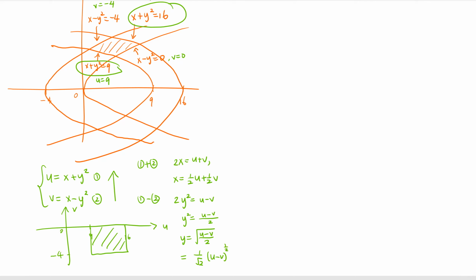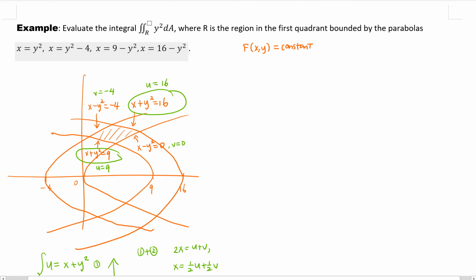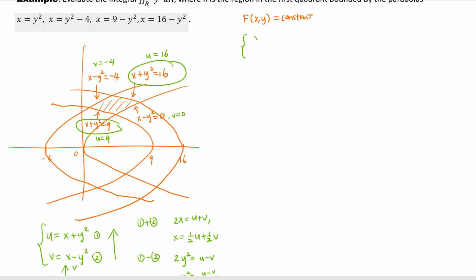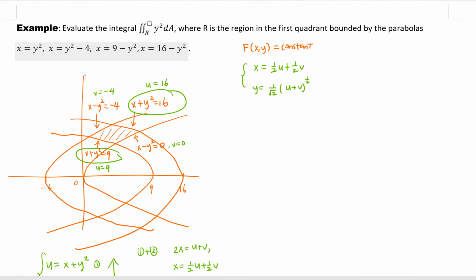Okay, because next step we're gonna differentiate and find the Jacobian. So let me copy it down right here. X equals 1/2 u plus 1/2 v. Y equals 1/√2 times u minus v to the 1/2.